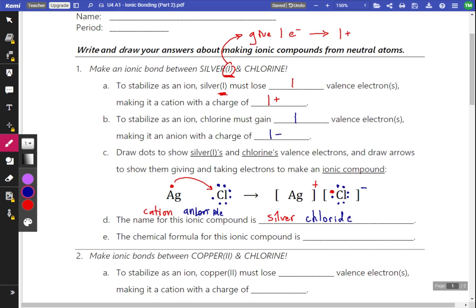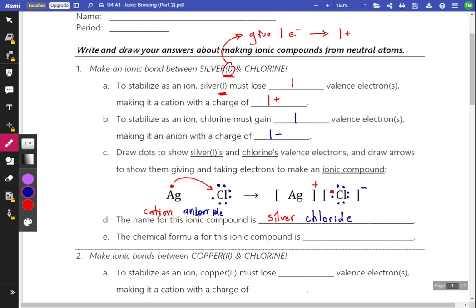But from an observer standpoint, let's say we were trying to figure out what silver chloride was made of just based on this name. Okay, well, is silver going to give up 1 valence electron, or is it going to give up 2? That can greatly change what my formula is going to end up being. So this isn't going to be satisfactory. I need something else in there.